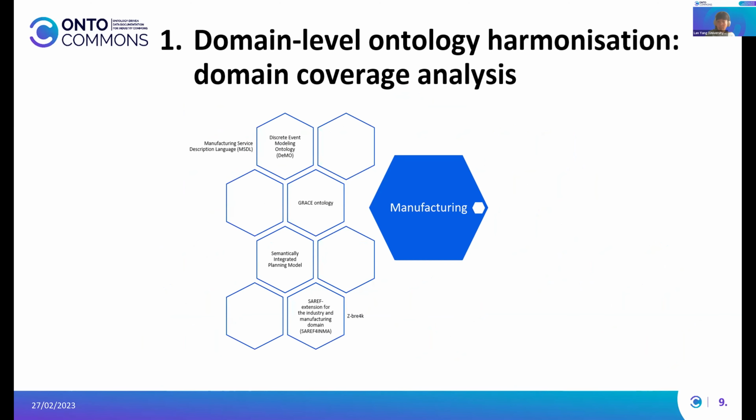In the manufacturing focus area, we identified, for example, the GRACE ontology, the SEREF extension for the industry and manufacturing domain, the MSDL, etc. So, for example, the GRACE ontology is designed for considering the particularities of the home appliance domain and the integration of process and quality control levels.